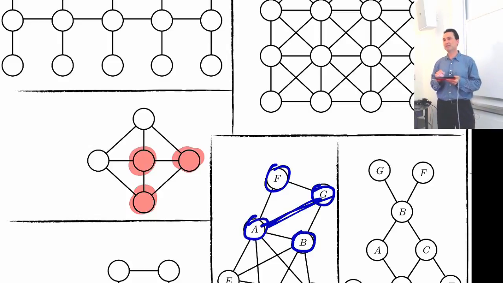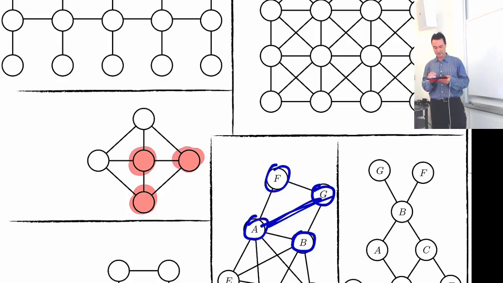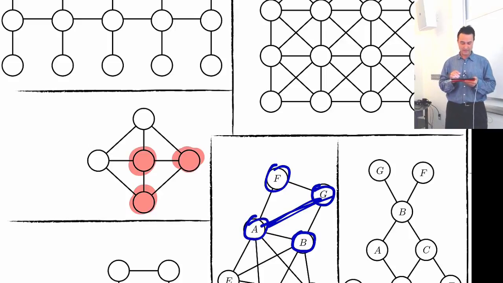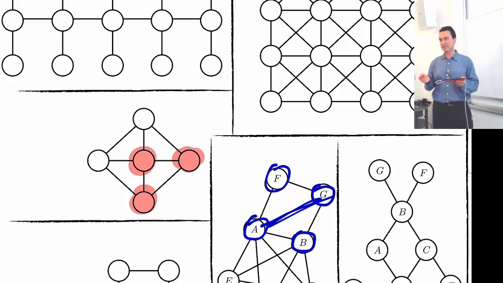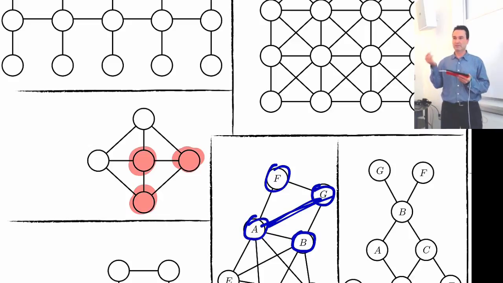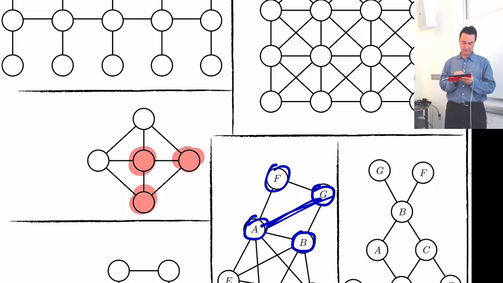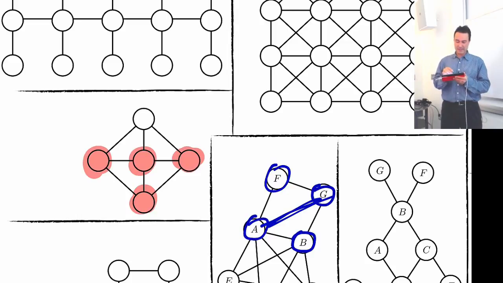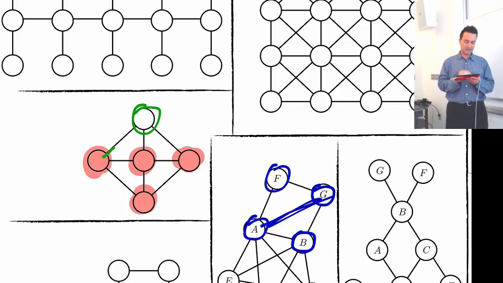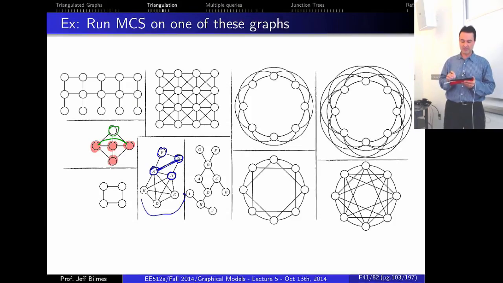Is its previously labeled set of neighbors complete? So which one must we choose next? We can choose either of them, right? So which one should we choose? This one? Everything's fine up until we get to this last guy here, and that's when we detect an error because that edge is missing. Okay, so that's maximum cardinality search.